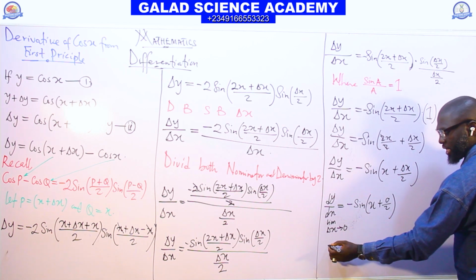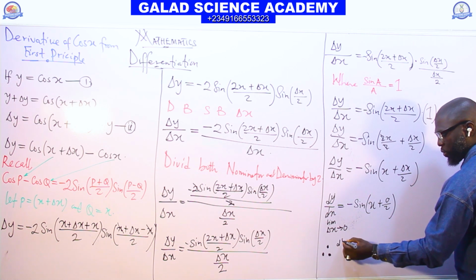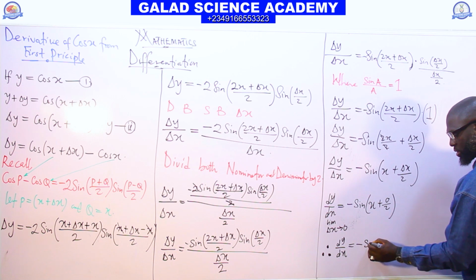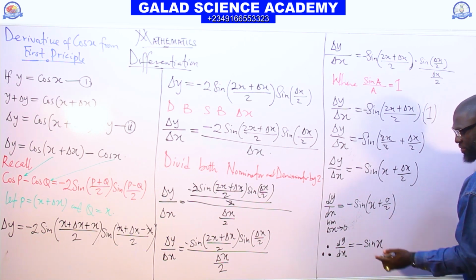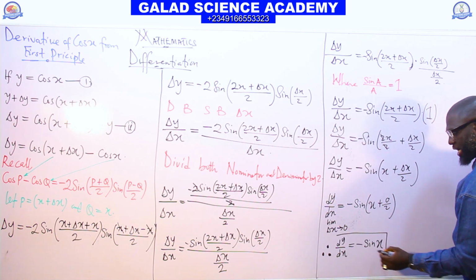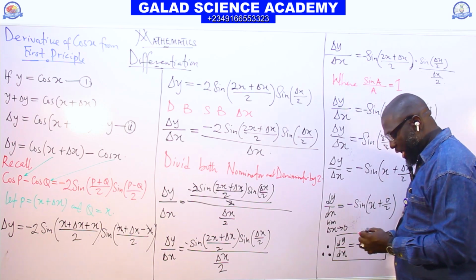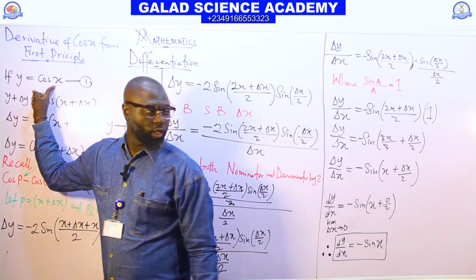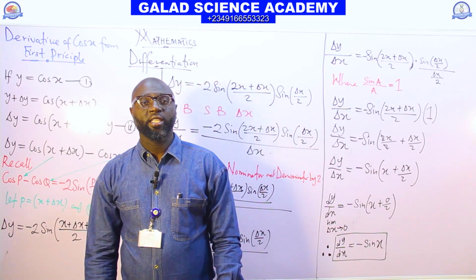So at the end of the day, dy over dx will be minus sine x, as everything else there is 0. So the derivative of cos x by first principle gives us minus sine x.